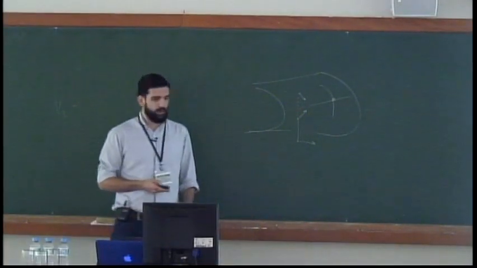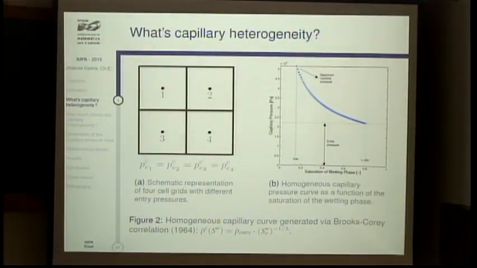Okay, so what's capillary heterogeneity? First, I would like to show this schematic representation of 4 cell grids, 1, 2, 3, and 4, with the same entry pressure, okay? So the 4 cells have the same entry pressure.